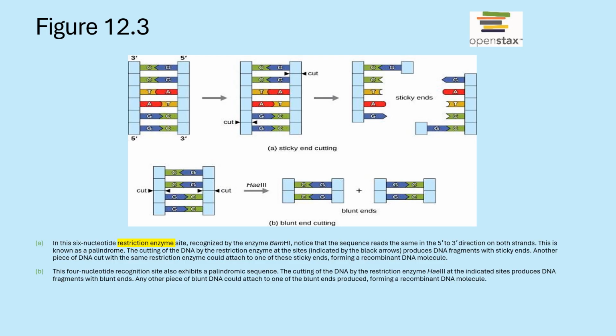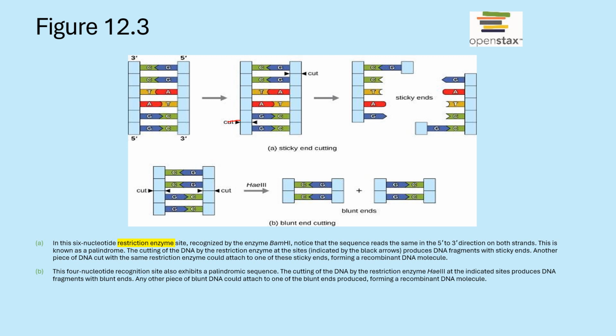So with restriction enzymes, the way it works is up here you have a strand of DNA, and for a sticky end type of cutting, it would recognize this base sequence and it would cut right here. And then it's going to cut right here as well.